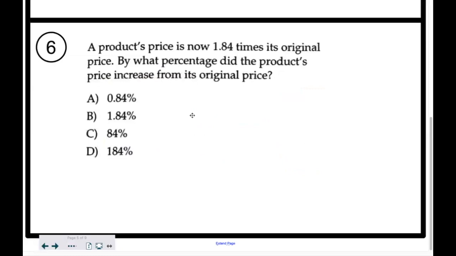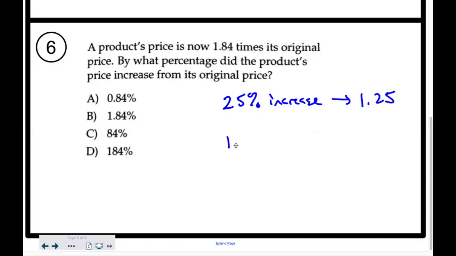All right, now on to number six. A product's price is now 1.84 times its original price. By what percentage did the product's price increase from its original price? Now we're just working backwards. All right. So for instance, if we wanted to do a 25% increase, by now we should know that that's multiplied by 1.25.